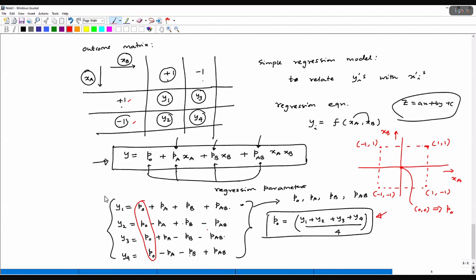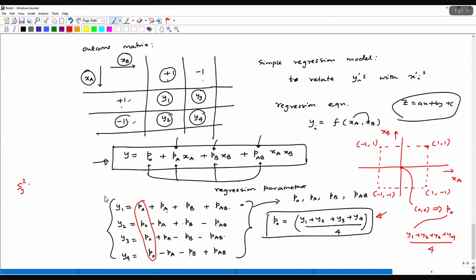Because if you substitute pa and pb to be 0, then you will see that the origin is nothing but y1 plus y2 plus y3 plus y4 divided by 4. So you can find out the variance of the data.